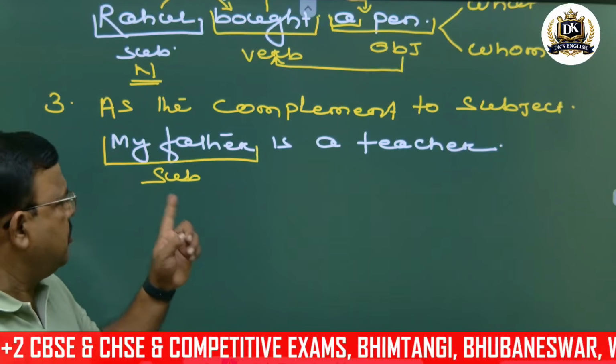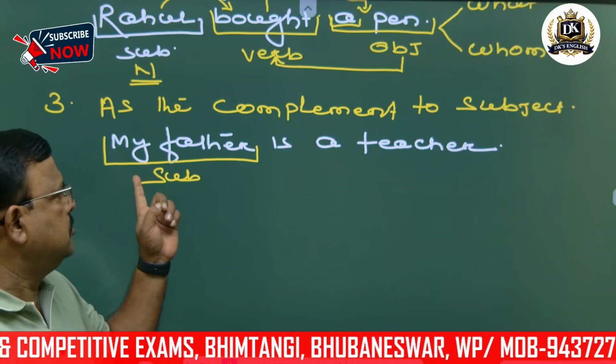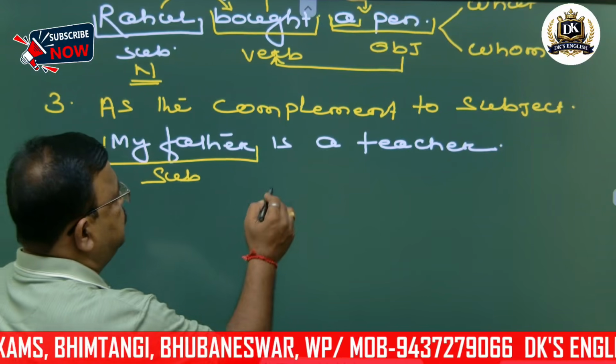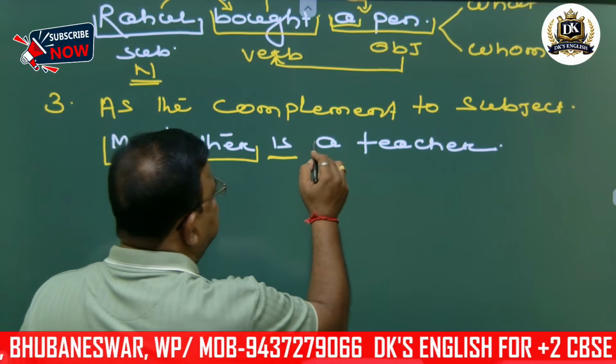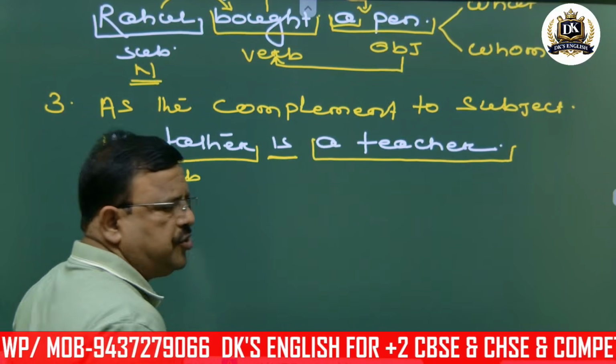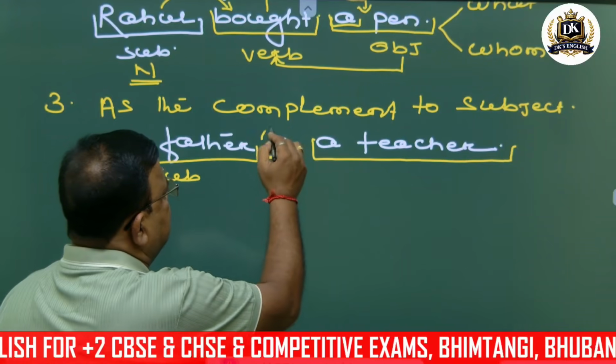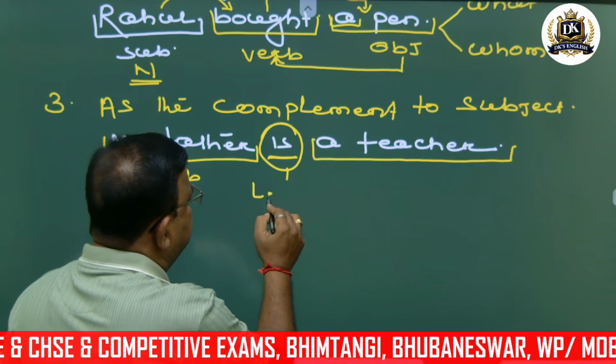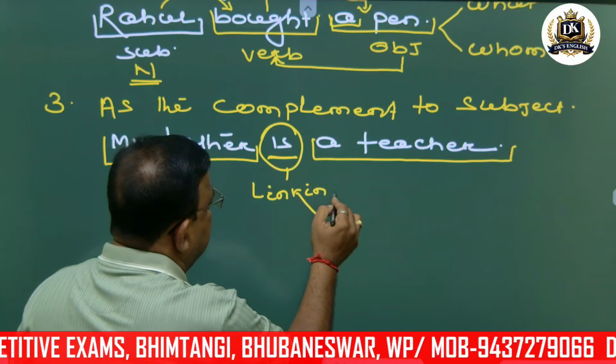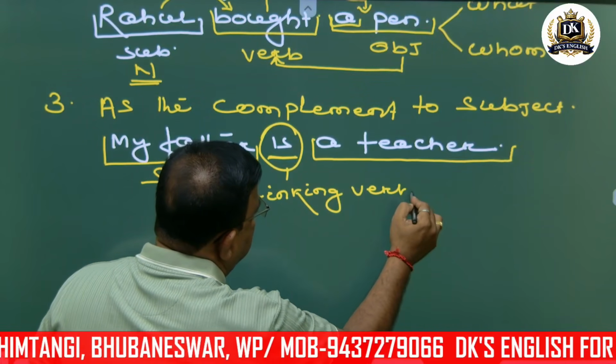Subject means noun phrase. My, here it is used as possessive. My father is, here the verb, a teacher. So when we discuss about verb, we know here is is used as your linking verb. Here it is known as your linking verb.